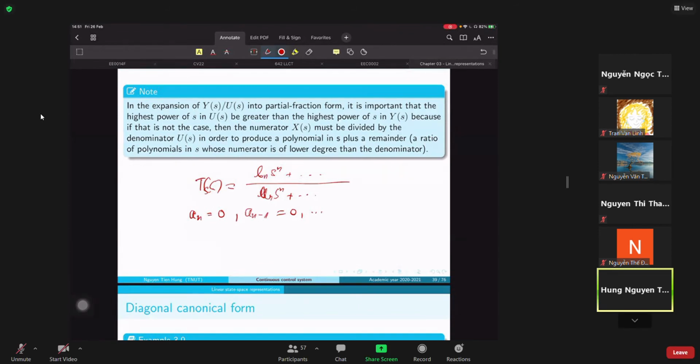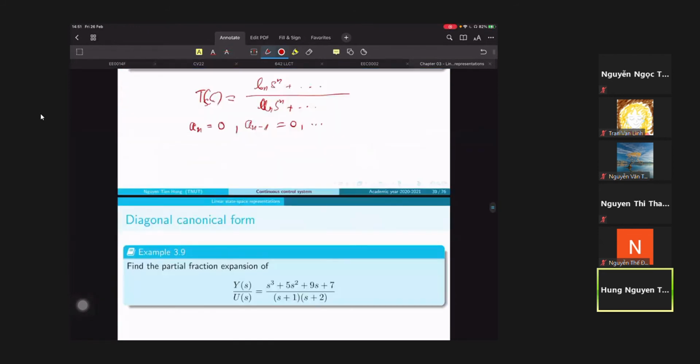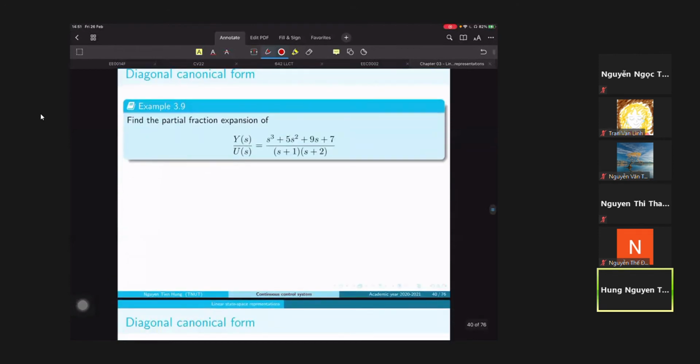We still represent T(s) like a polynomial in s. It looks like this. You got here the order of the numerator is 3, but the order of the denominator is only 2.